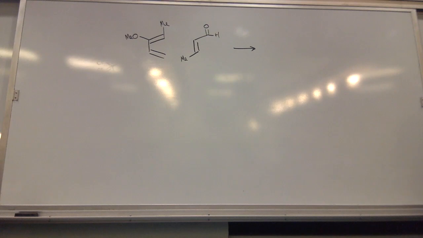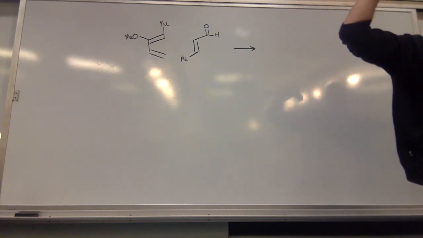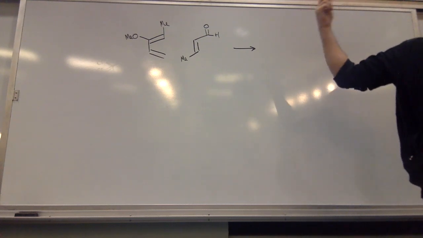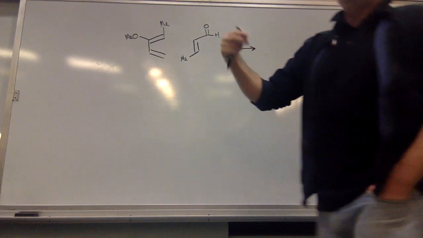Now, if the question is simply asked to show the product on an exam or whatever, you're not going to have to go through all these individual steps, but I'm going to go through this as a way to build up skill level, right? The first thing that you need to be able to do is show me a Diels-Alder product, right? And for any Diels-Alder product, there are two regioisomers.